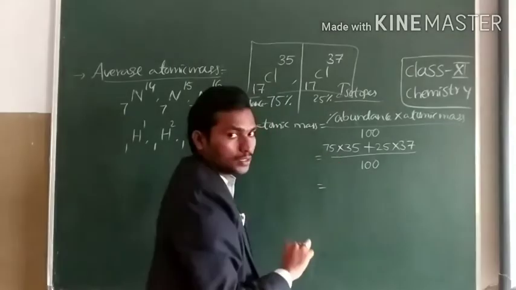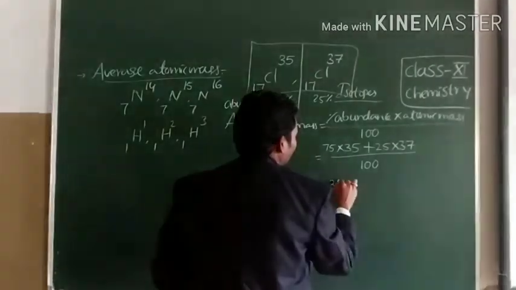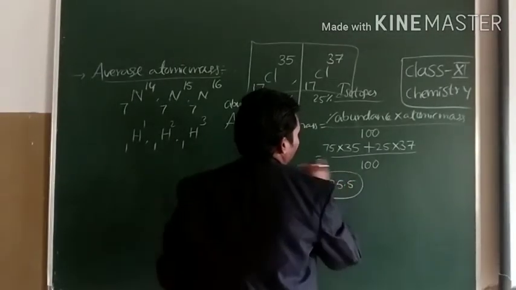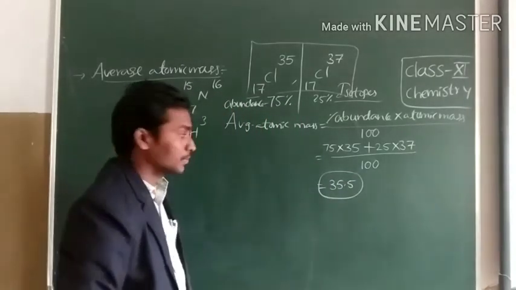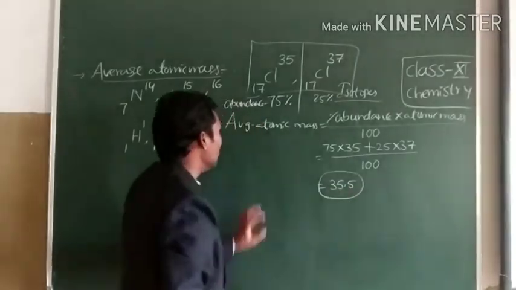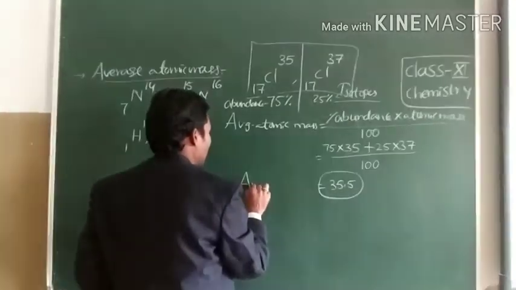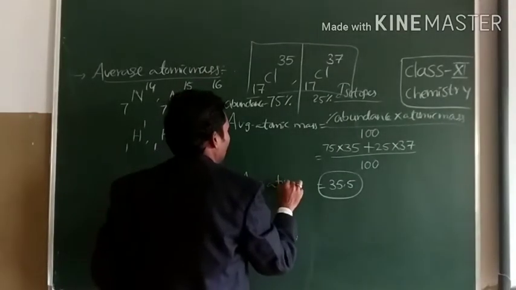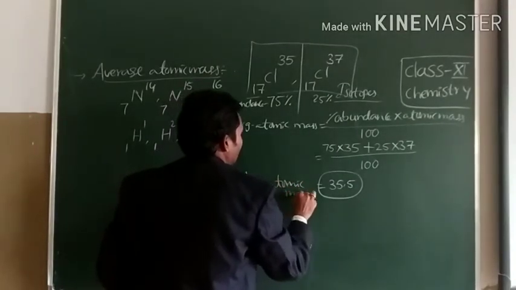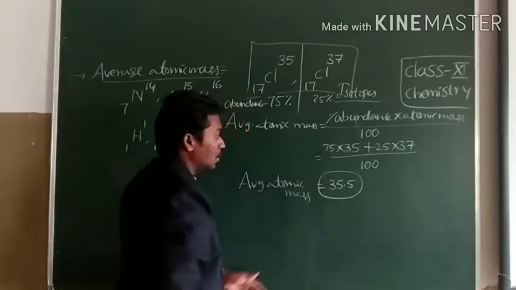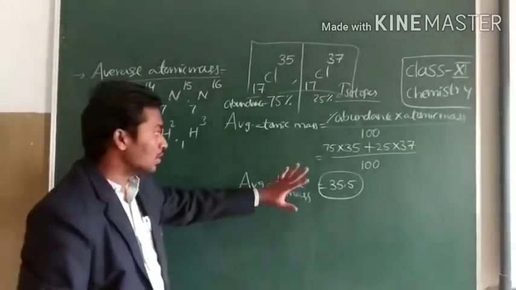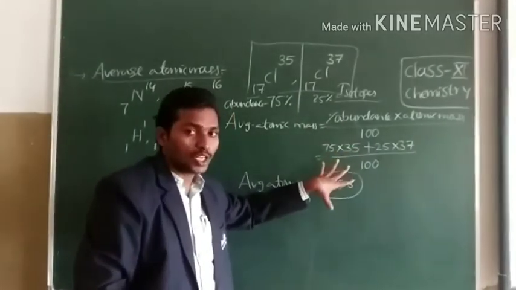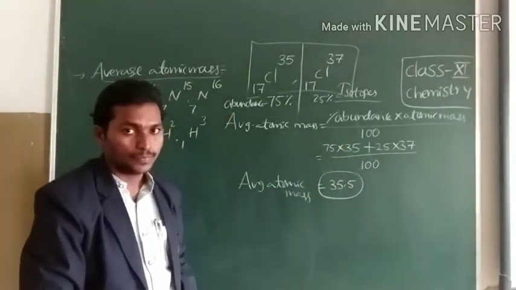If you simplify this, you will get 35.5. So 35.5 is the average atomic mass of the chlorine atom. This is the way we find the average atomic mass of any element.